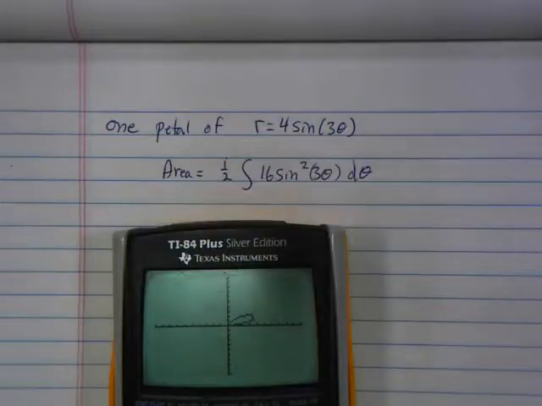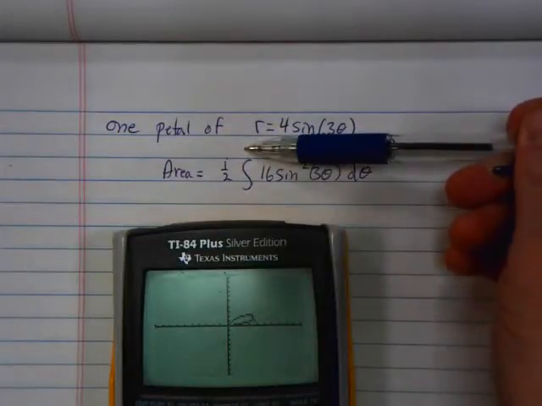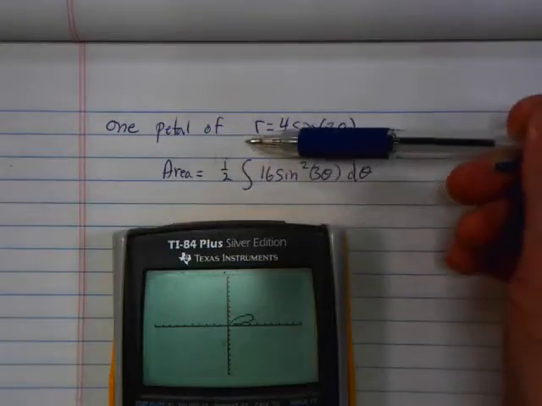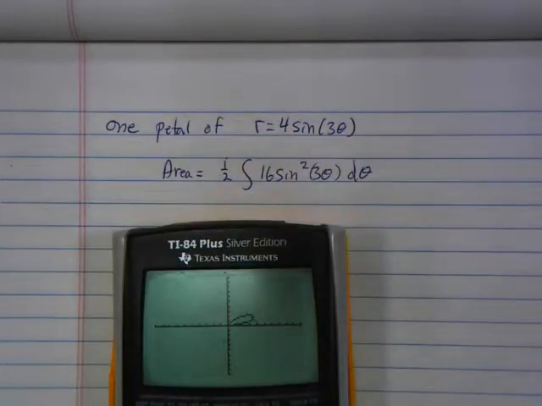There's 3 petals to start with, so you could take 1/3 of the whole thing, but even there you have to be careful what values of theta from 0 to what draws the whole thing. I don't think it's 0 to 2 pi. I think 0 to 2 pi draws the whole thing twice. 0 to pi, I think, is what you would need.